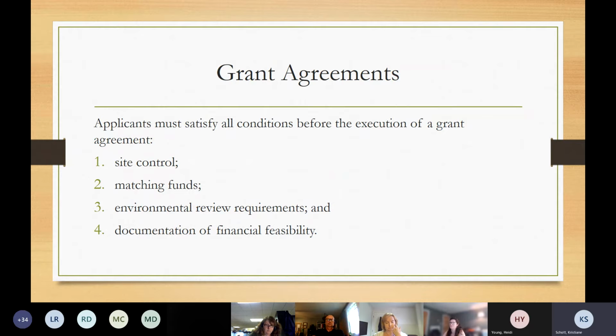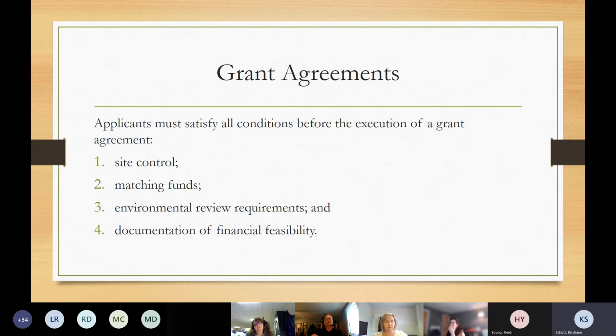An acceptable evidence of site control is a deed or a lease. In addition to standard conditions, HUD may impose additional conditions such as requests for supporting documents, revisions to the project budget, or modifications to a proposed activity to ensure compliance with HUD regulations. HUD will withdraw an award if the application does not satisfy all conditions.